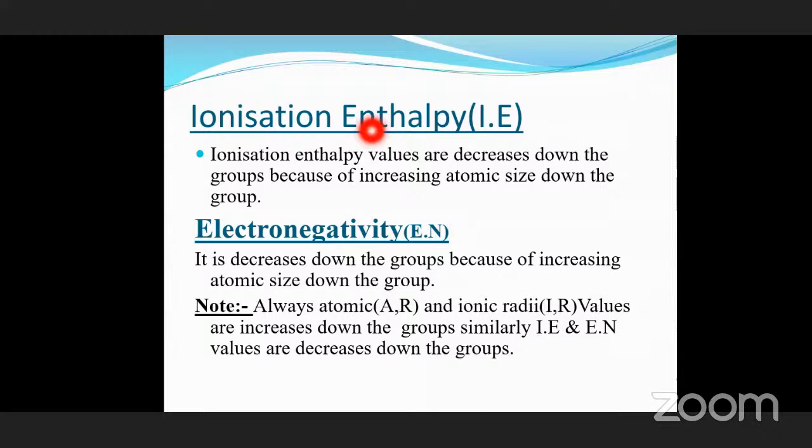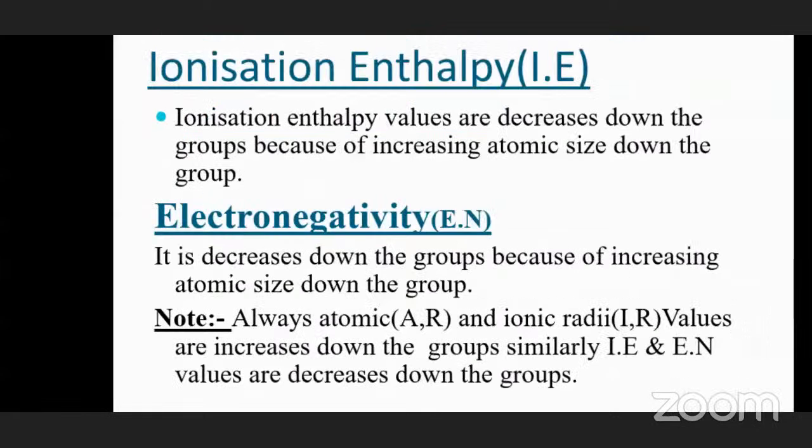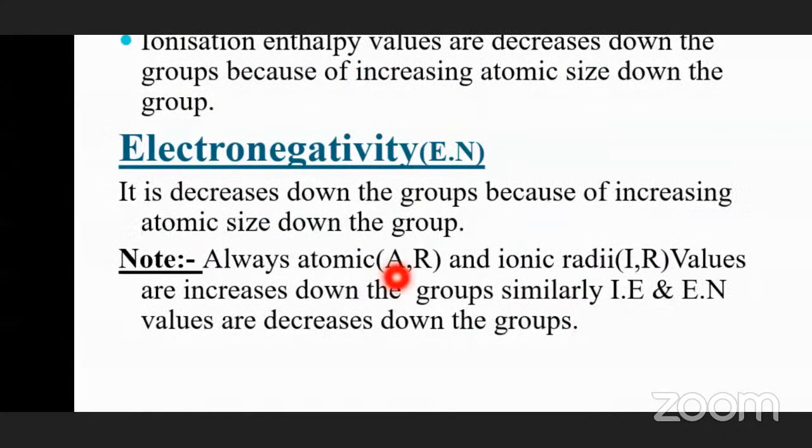Okay, here I have one tip for you. Always atomic radius, that is AR, and ionic radius, that is IR, values increase down the groups. Similarly, ionization enthalpy and electronegativity values decrease down the groups. We have to conclude by reading about all these parameters.